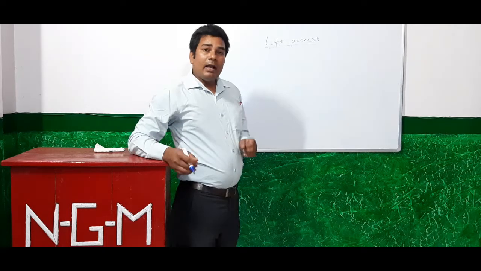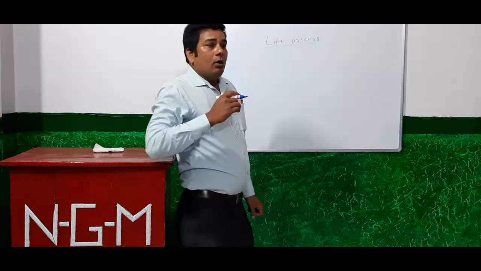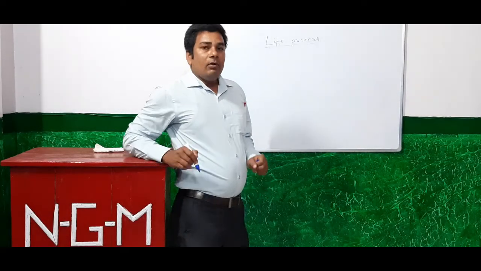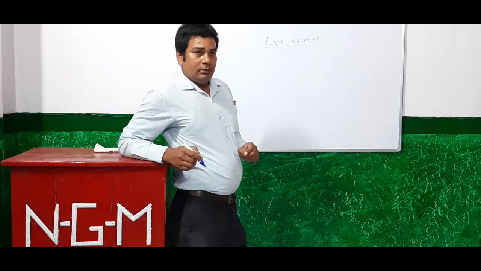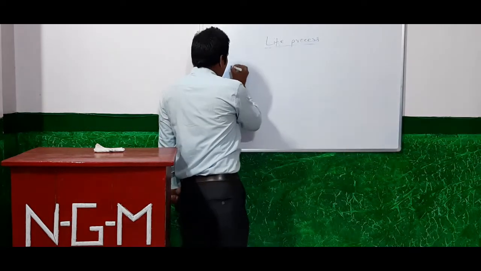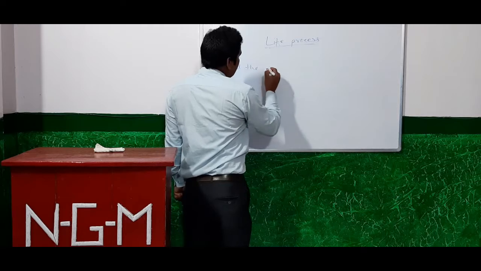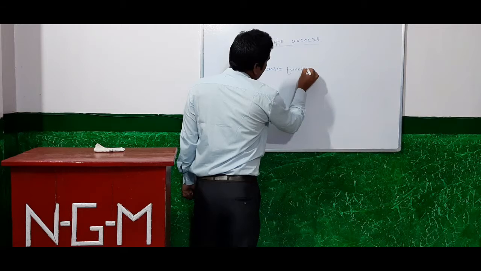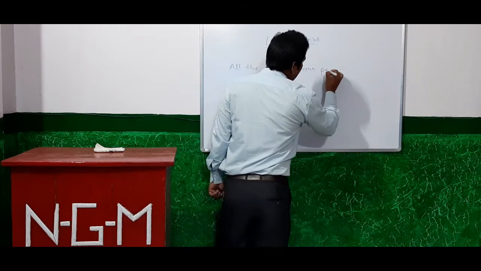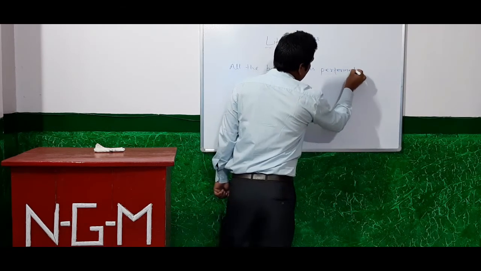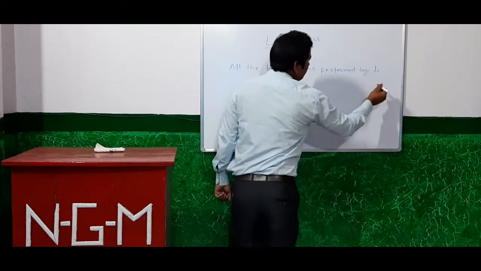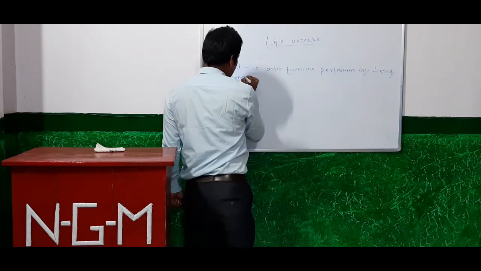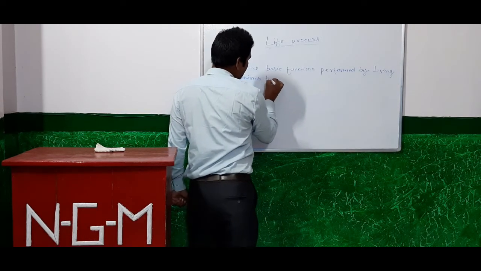So we can define life process like this: all the basic functions performed by living organisms to survive on this earth is called life process. So note down the definition: all the basic functions performed by living organisms to survive.